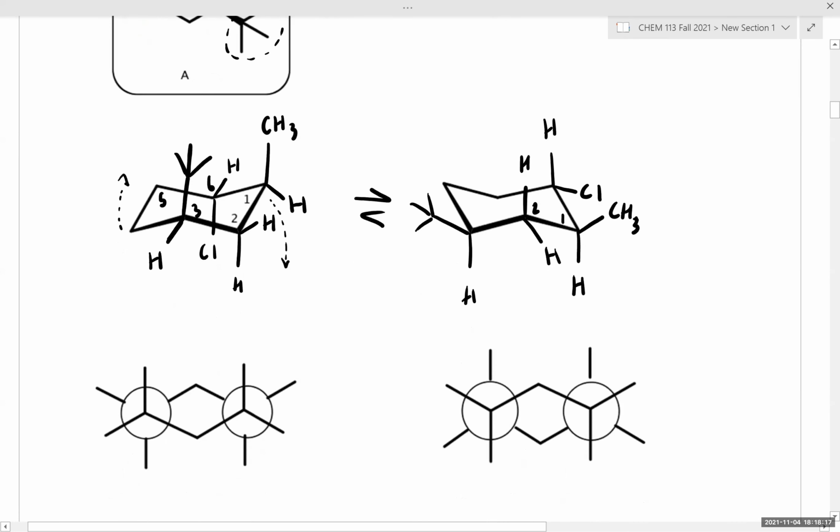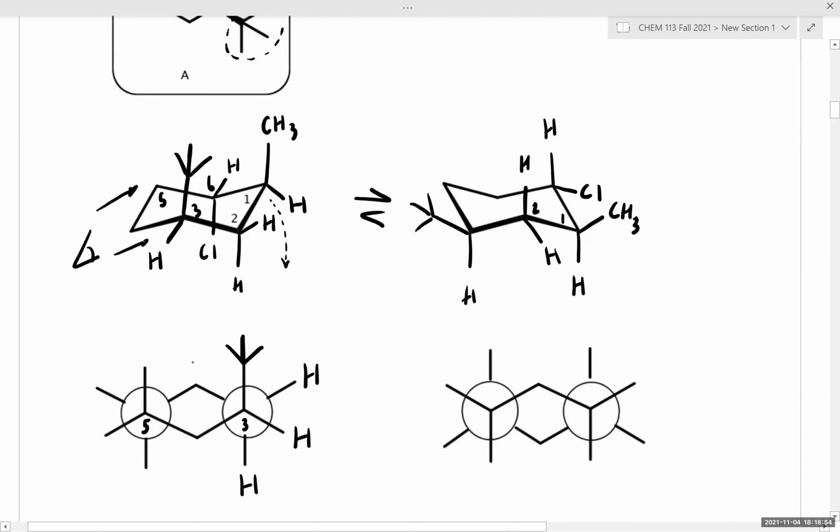Okay, so now looking down the C2, C3, C5, C6 bond, in this case, we're going to be looking at it from the following perspective. So as we can see, carbon 3 is here, carbon 5 is here. And now from here, we can fill in our substituents. So in this case, on carbon 3, we have a tert-butyl group in the axial position, hydrogen equatorial. Behind that, we have 2 hydrogens.